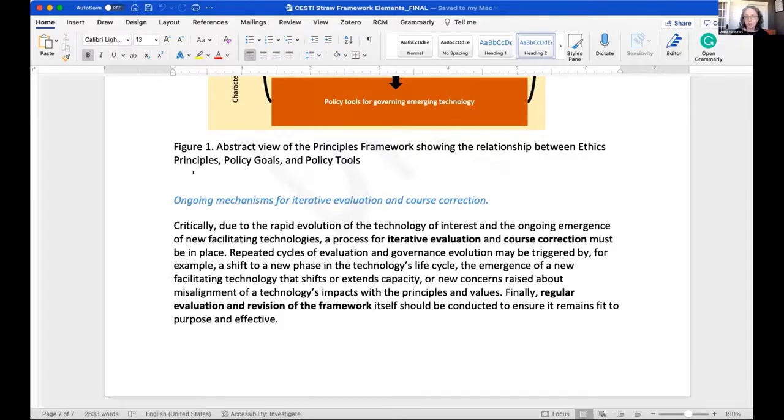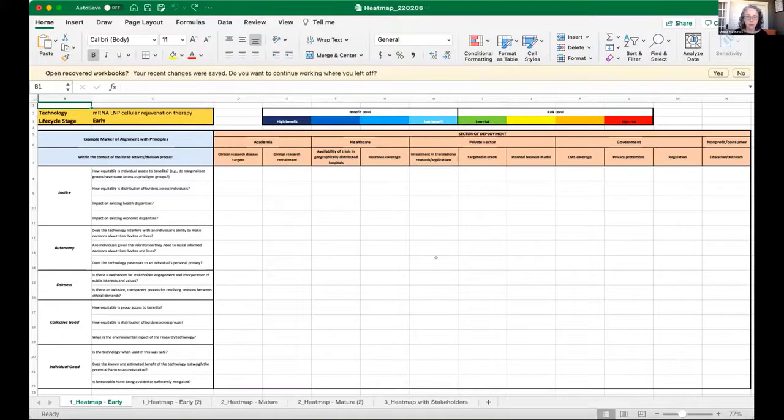So now I'm going to circle back to the composite heat map that I mentioned before. This is very small at the start, but I promise I will zoom in in just a second. The heat map is, as we've called it, just one governance tool that CESTI felt can help facilitate a shared understanding of the impact of a technology and its current governance ecosystem with regard to societal benefit.